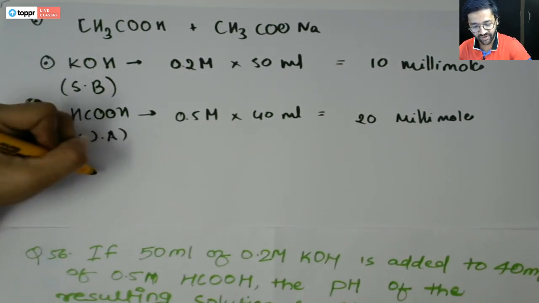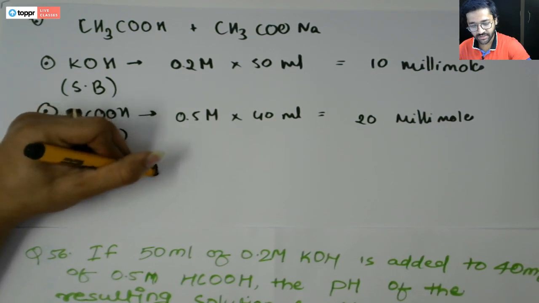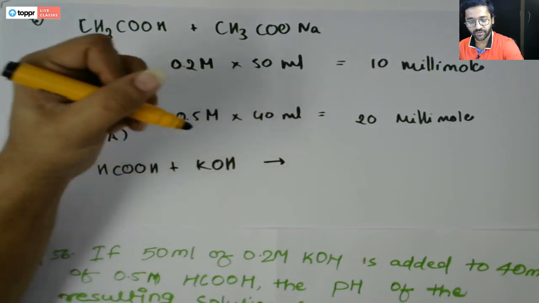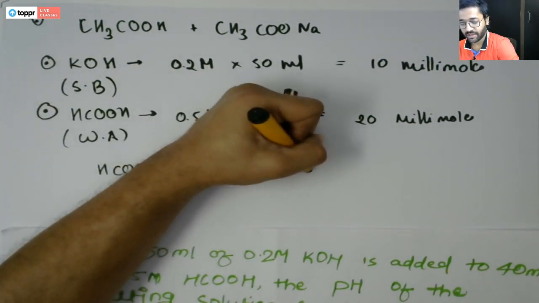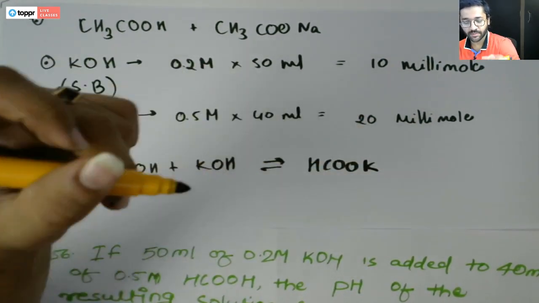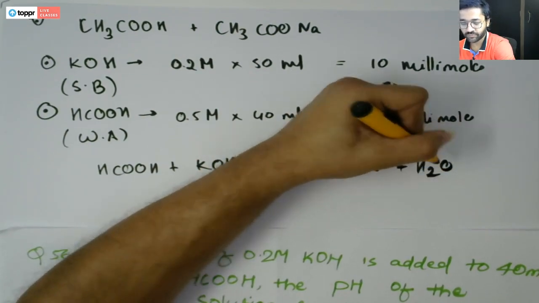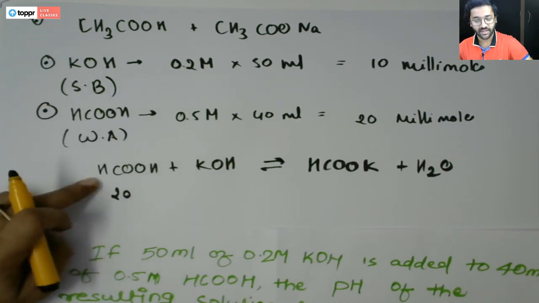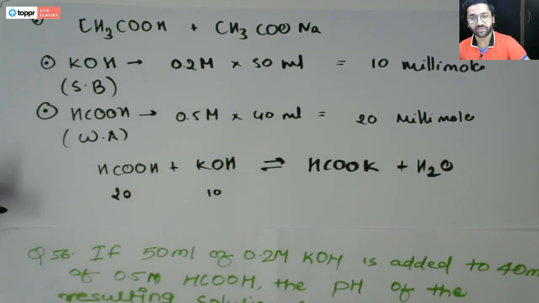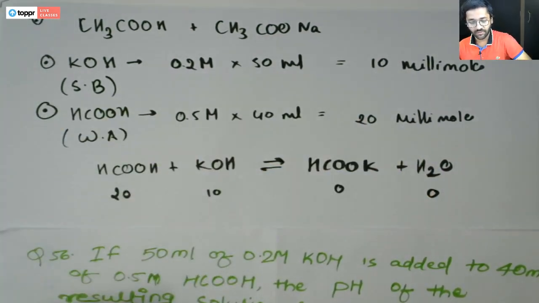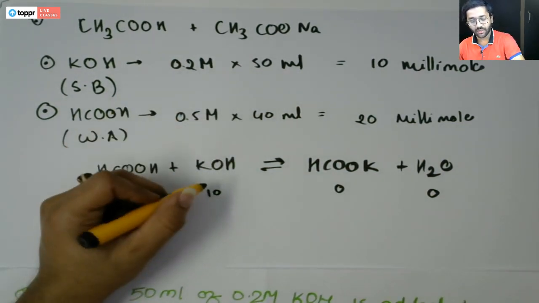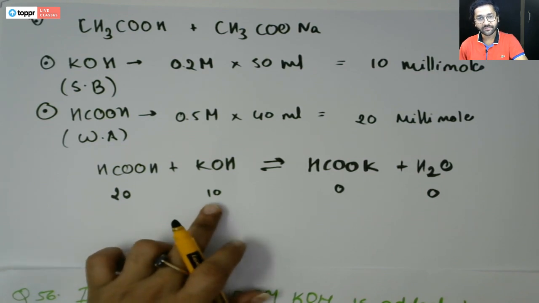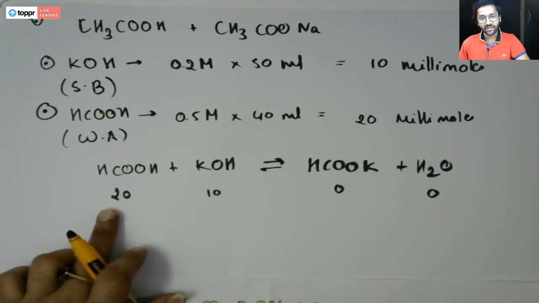So here also HCOOH reacts with KOH to give HCOOK plus H2O. We have 20 millimoles of HCOOH, whereas 10 millimoles of KOH. Initially the products are 0. Finally, KOH, being a strong base, will completely dissociate and react with HCOOH.